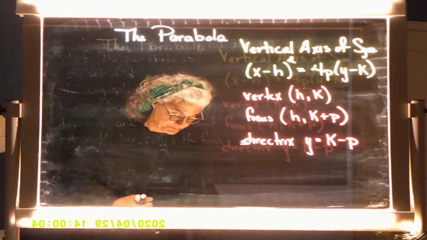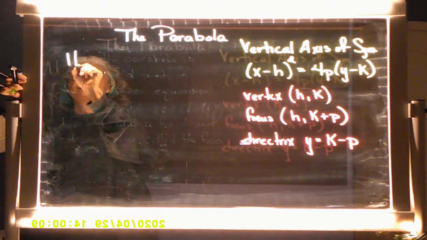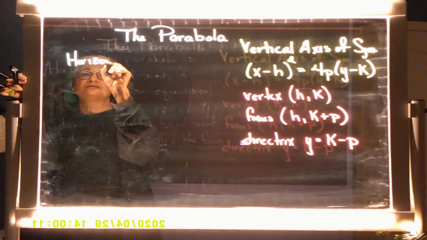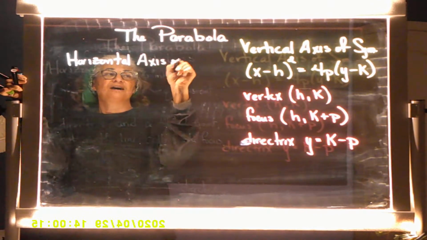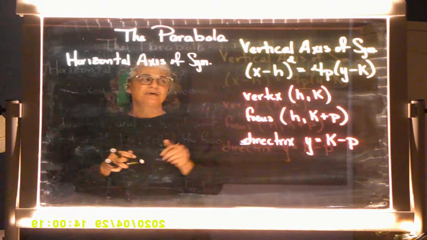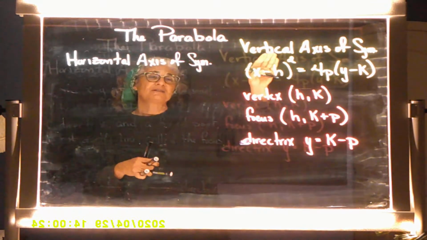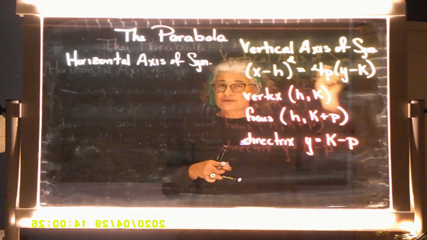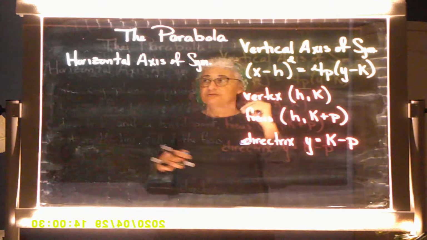So we have the horizontal axis of symmetry. And my equation is going to look a little bit different than here. The vertical axis of symmetry, y was not squared. Vertical means up, down. Y's go up, down.